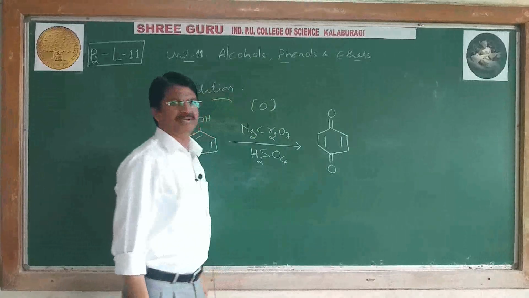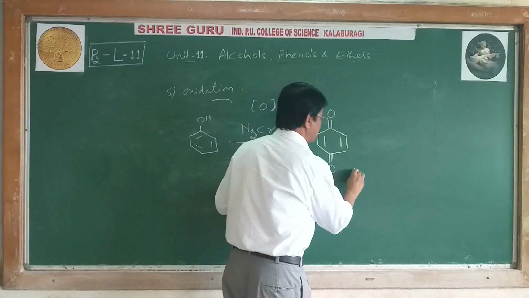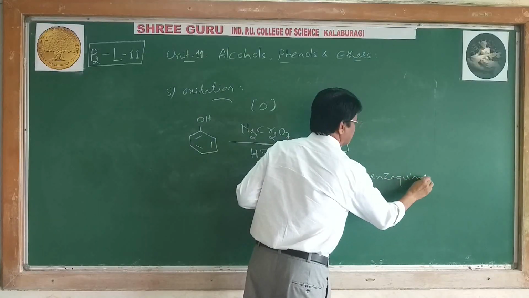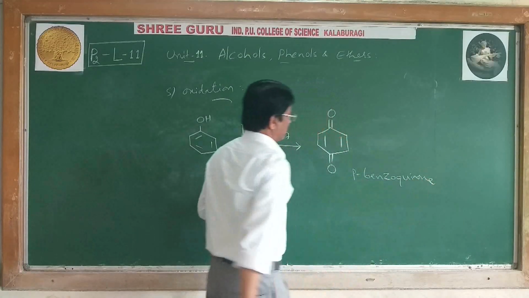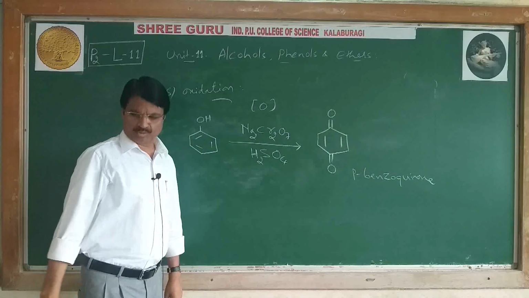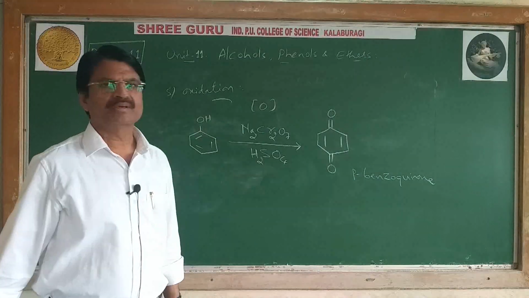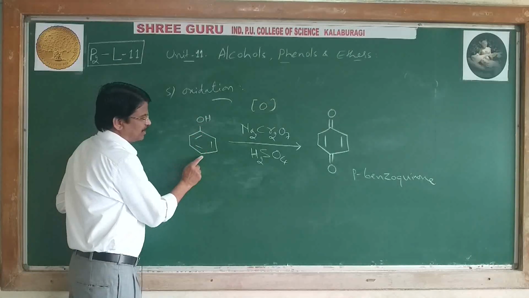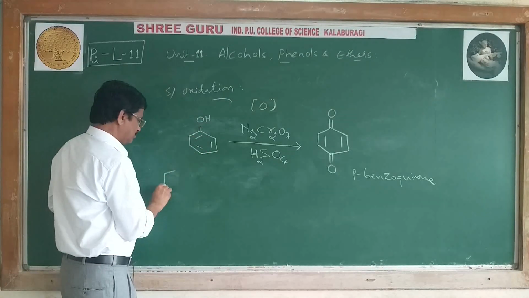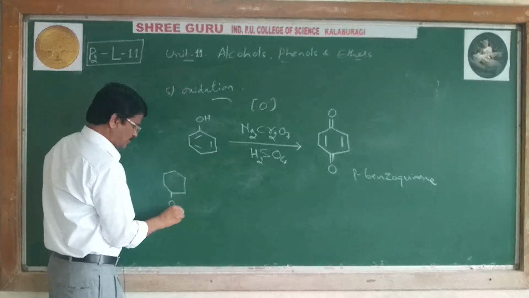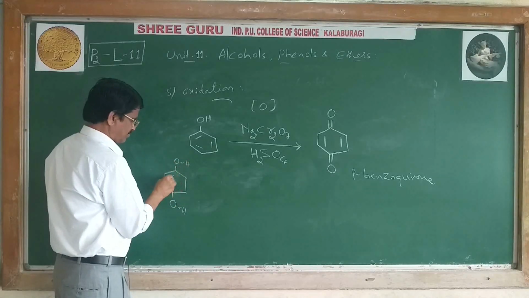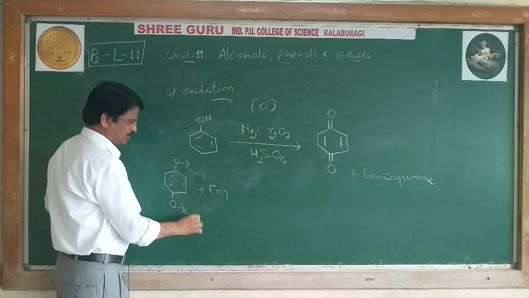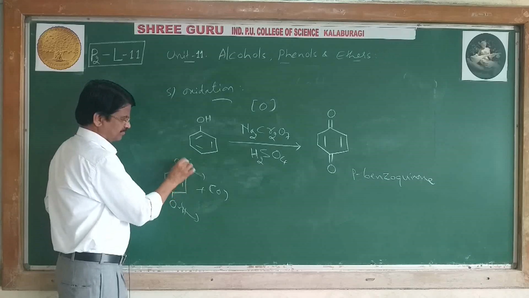Yes, this is said to be a conjugated diketone and is called para-benzoquinone or para-phenoquinone. Actually, this undergoes oxidation at the para position, and here we get OH, and because of O, this can remove H and convert into water.